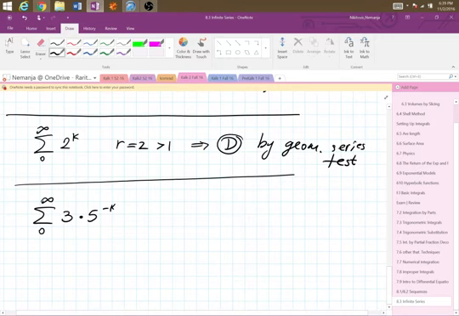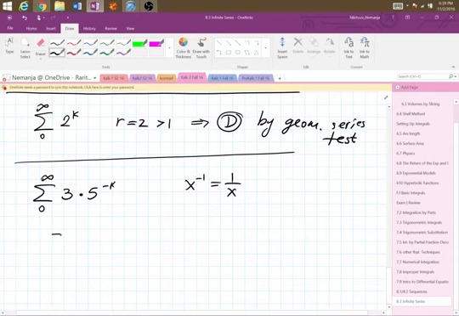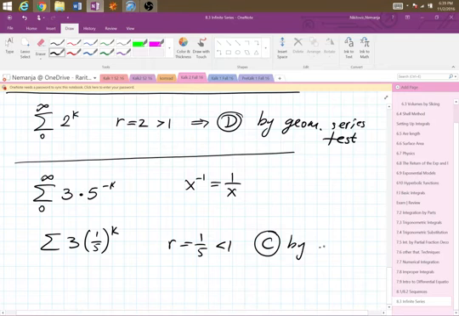Because it's negative k, we have the algebra kick in first. We know from algebra that x to the minus 1 is 1 over x. So we get to rewrite this problem as 3 times 1 over 5 to the k. R is 1 over 5, which is less than 1, converges by geometric series test.